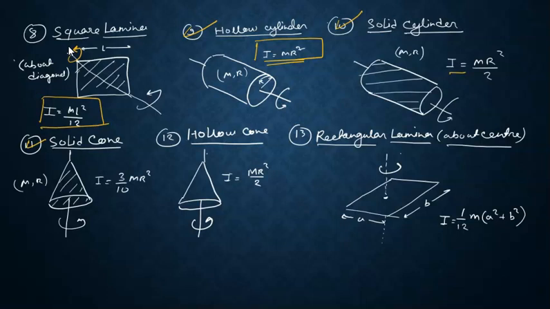A solid cone, I equals 3 by 10 mr square, hollow cone mr square by 2. And in case of a rectangular lamina, where the side lengths of the rectangle are a and b, if we rotate the rectangle about its center perpendicular to the plane, then I equals 1 by 12 into m times a square plus b square.